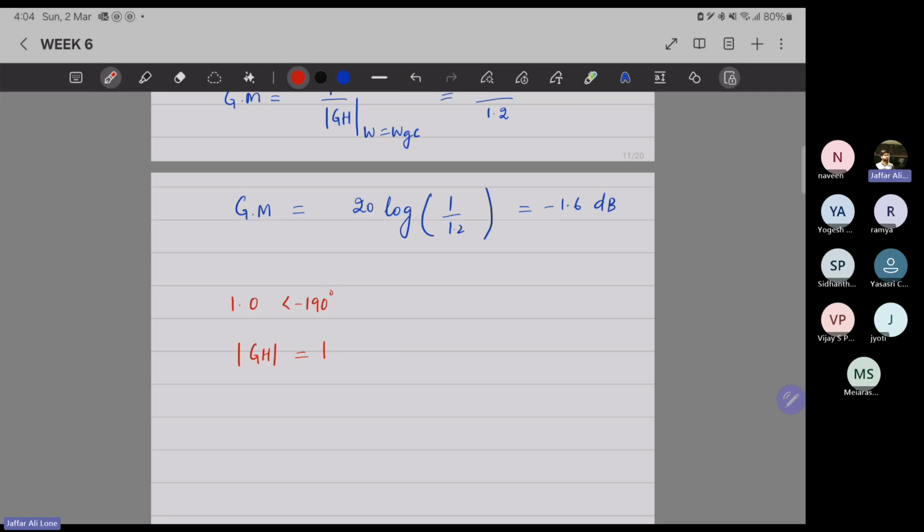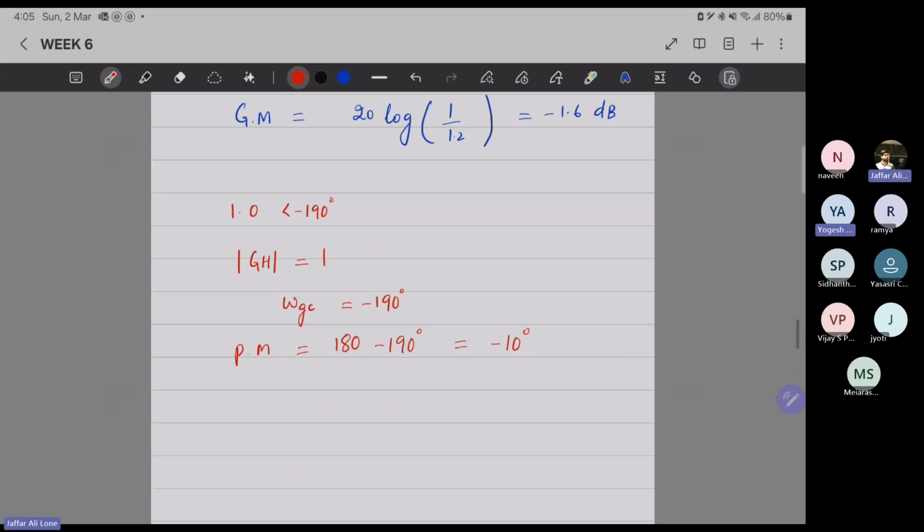The value of frequency when the magnitude is 1 is called gain crossover frequency. So what is the angle at gain crossover frequency here? Minus 190 degree. Then the phase margin is 180 minus 190 degree, which is equal to minus 10 degree.